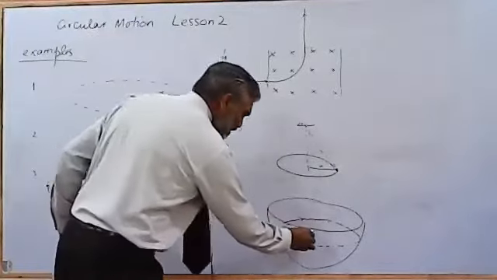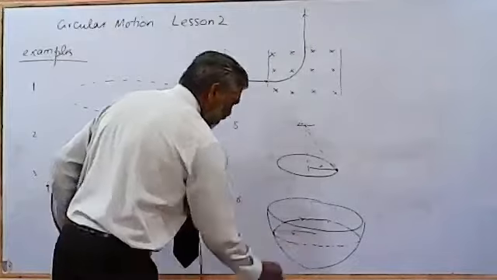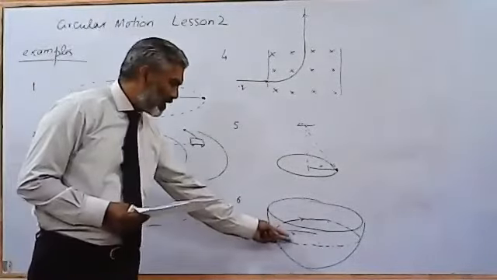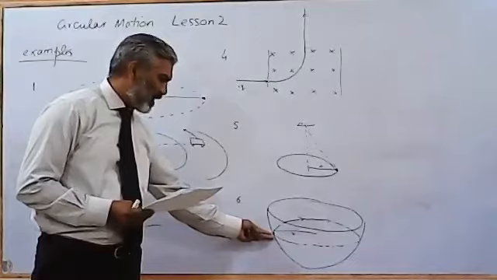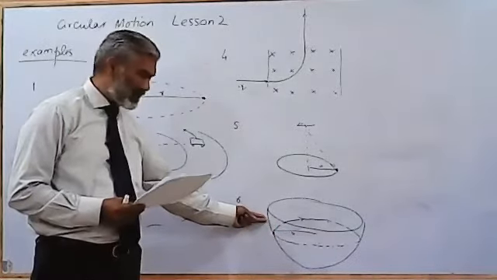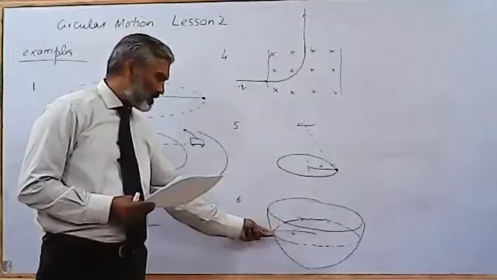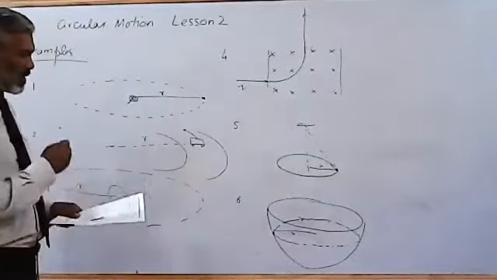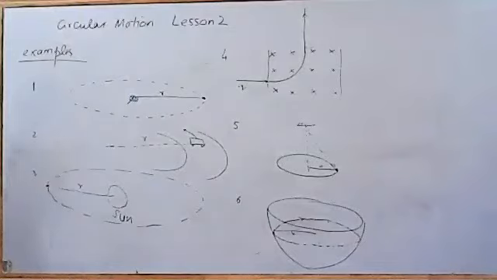And this is obviously the radius of this circle. The radius of this circle will depend on where it was initially placed. If you place it above, close to the brim, this will be a larger radius. If you place it somewhere close to the bottom of this ball, the radius will be smaller. So the radius depends on where you started.